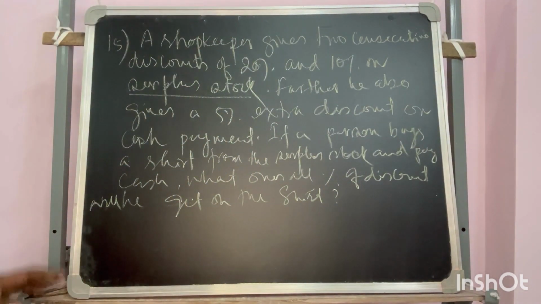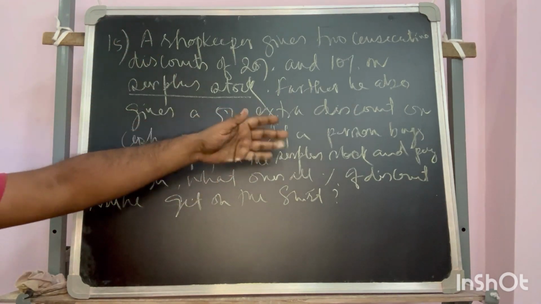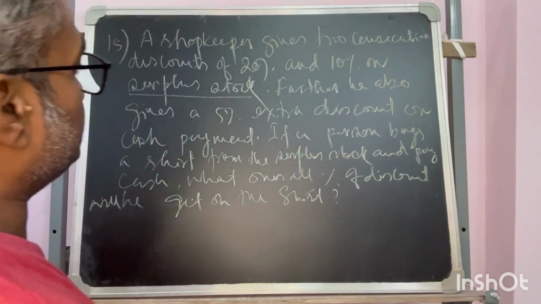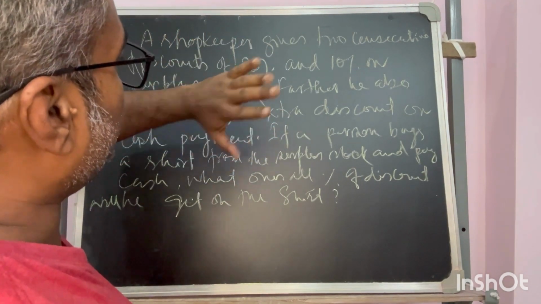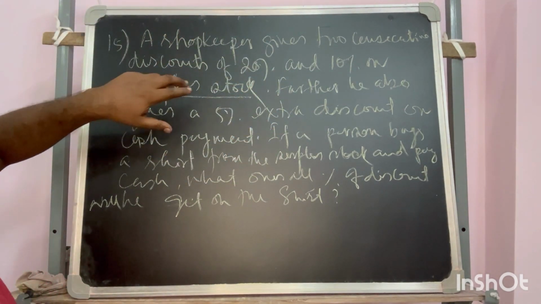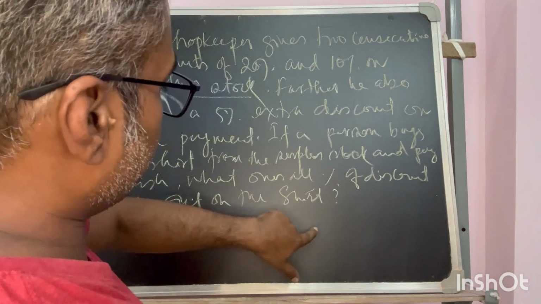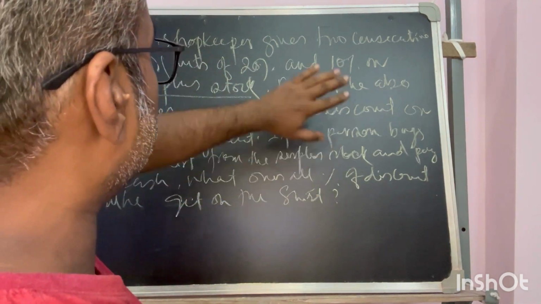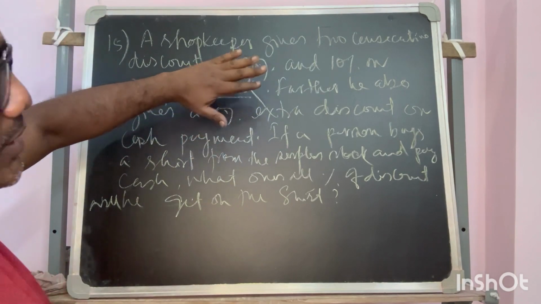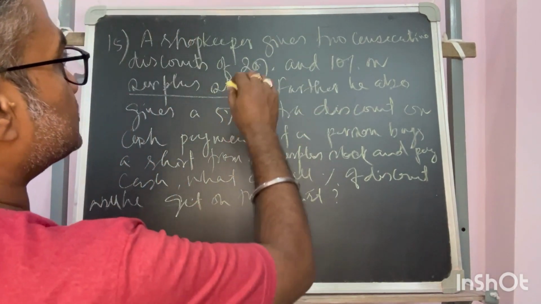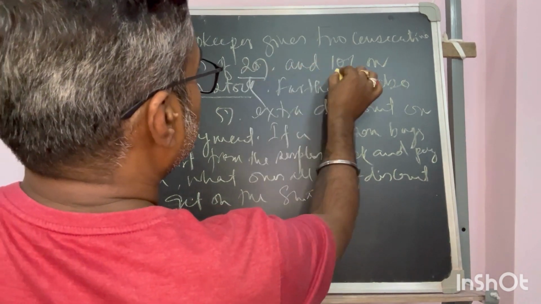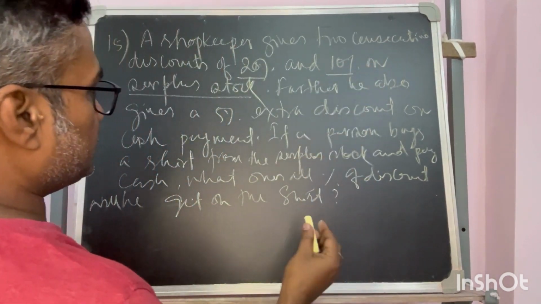Whatever the jargon or extra language being used, the main information is that the person purchasing the shirt from the surplus stock is getting three consecutive discounts. The first discount is 20%, then 10%, then a further discount on cash purchase.